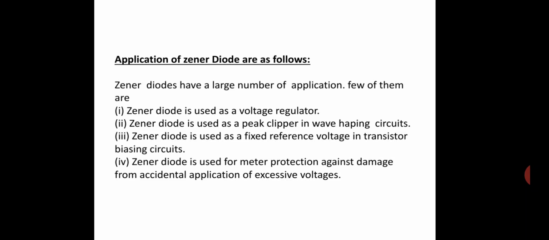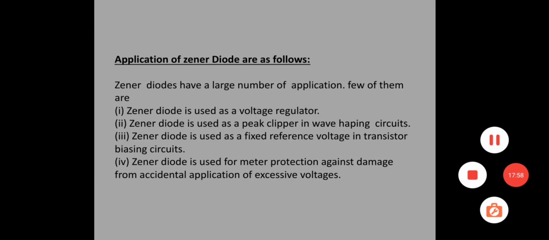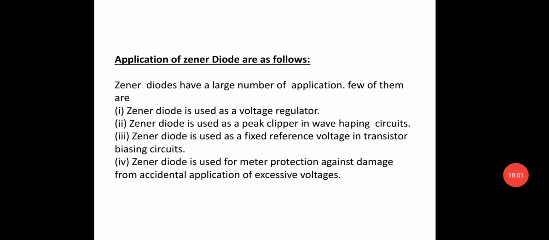The region in which both the p-type and n-type materials meet is known as the depletion layer. The region does not have any free electrons because electrons and holes combine with each other in this depletion region. The depletion region is very thin and it does not allow the current to flow through it.